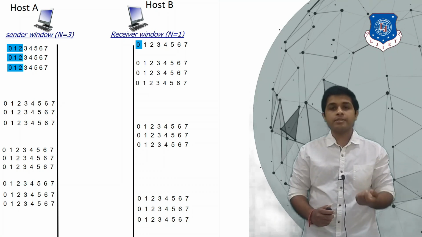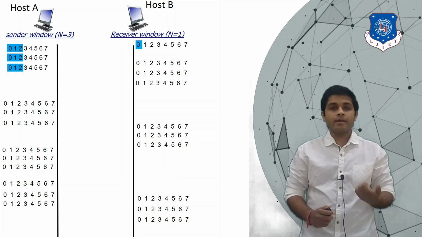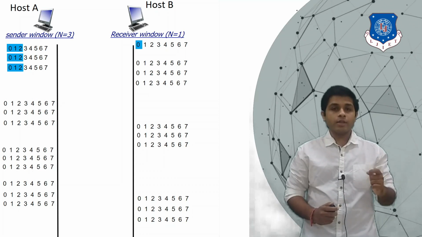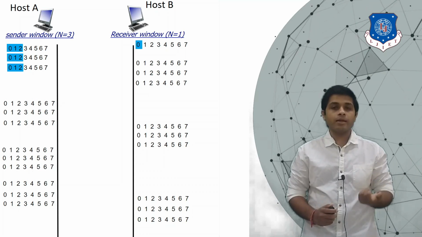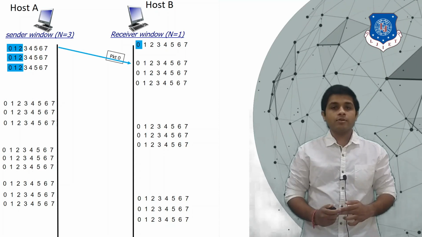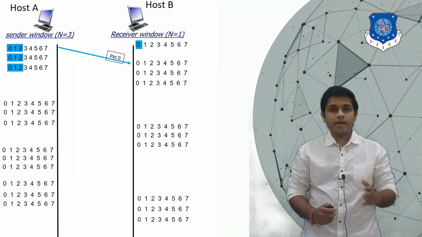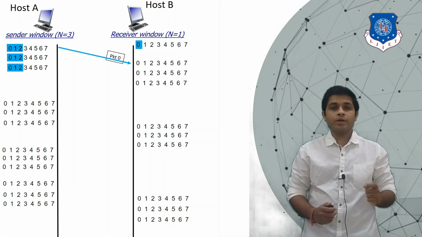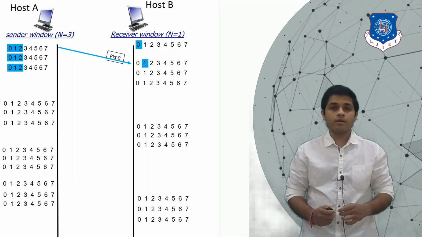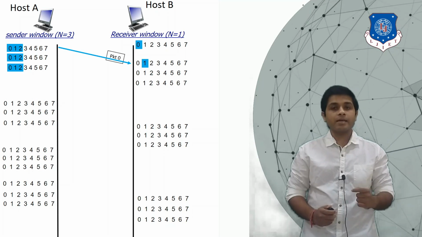Right now the receiver is expecting packet 0, and host A will send 3 packets: 0, 1 and 2. Packet 0 is sent by A and B receives it, so the window slides from 0 to 1. Now B is expecting packet 1.